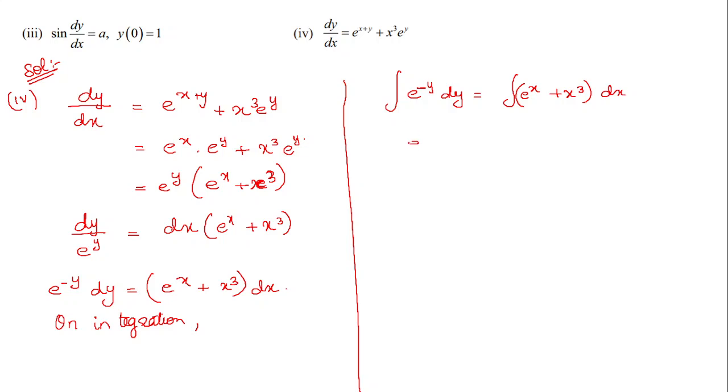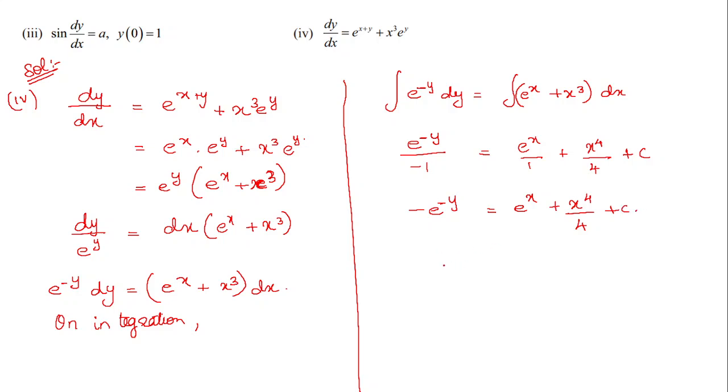So when we integrate e power minus y, we will have e power minus y by minus 1 is equal to e power x by 1 plus x power 4 by 4. This is nothing but minus e power minus y is equal to e power x plus x power 4 by 4 plus c.